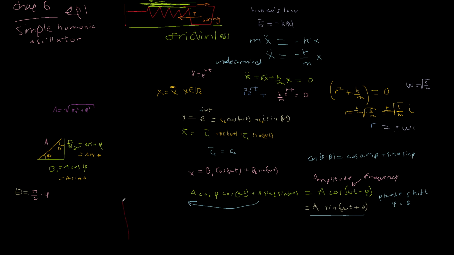So let's graph this for a second. If we have our graph, here's 0. We have A and minus A, and it's going to look something like this, where it goes up and then back down, right?